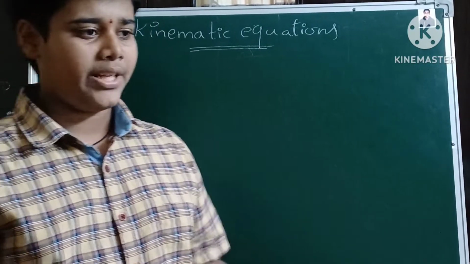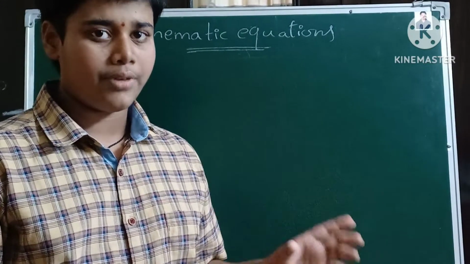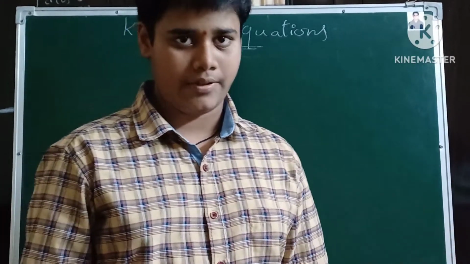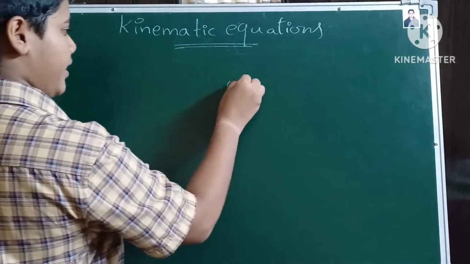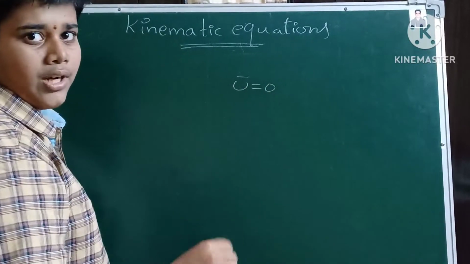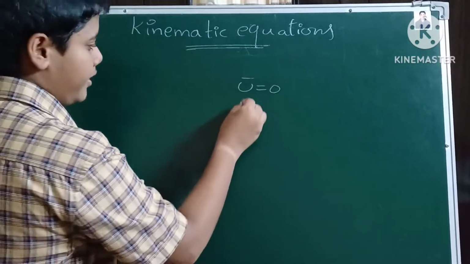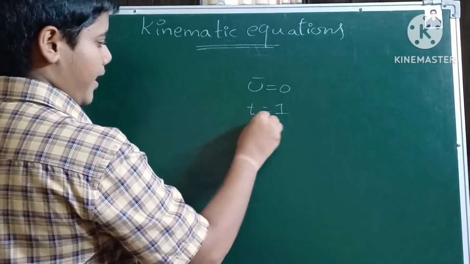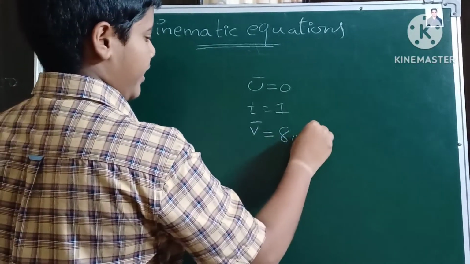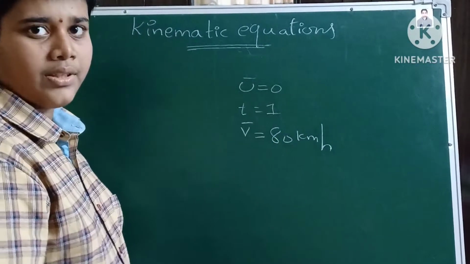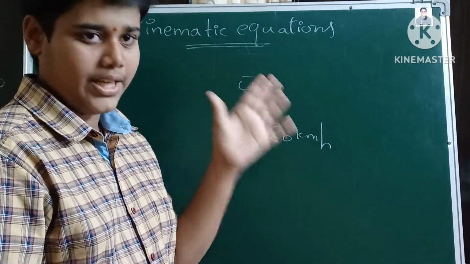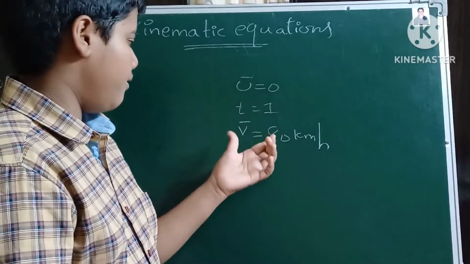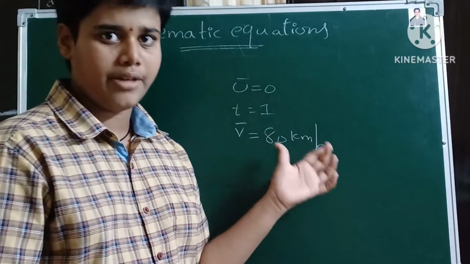Here, I am taking a car moving from rest, and within 1 hour it goes with a speed of 80 km per hour. Initial velocity is 0 because it starts from rest, time is 1 hour and final velocity is 80 km per hour.